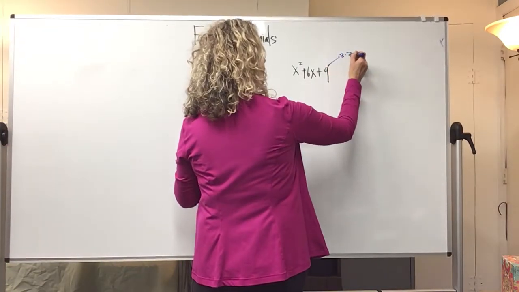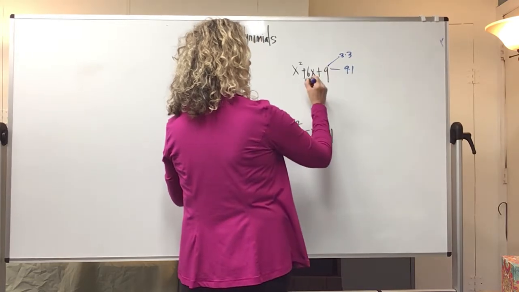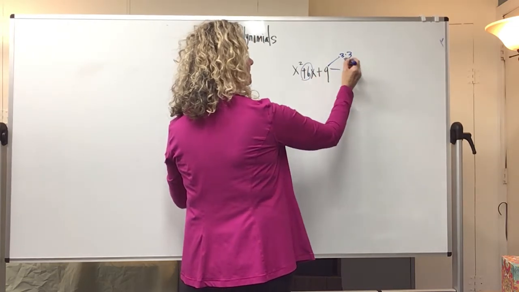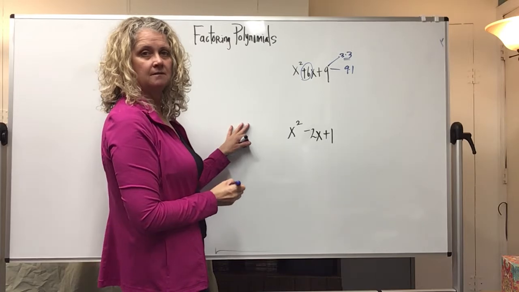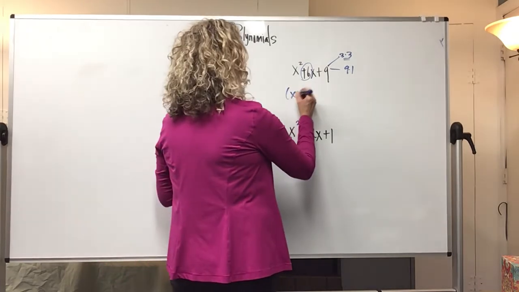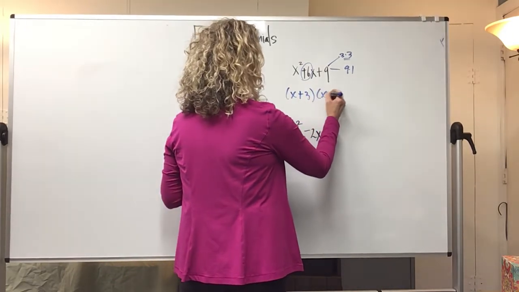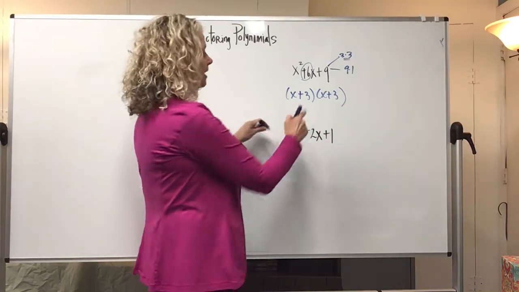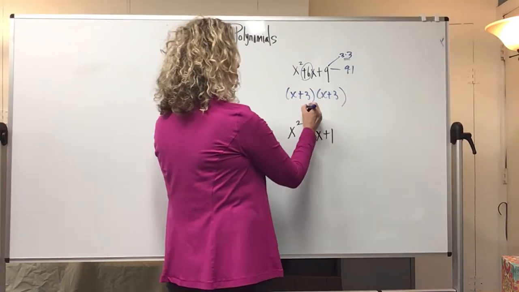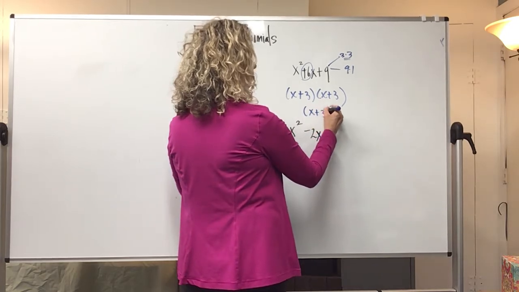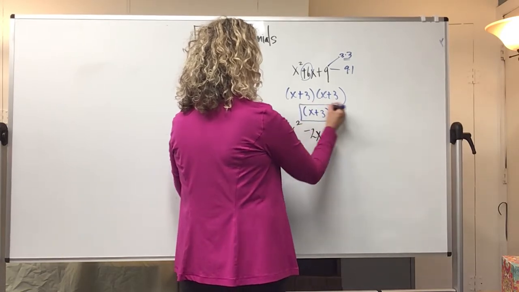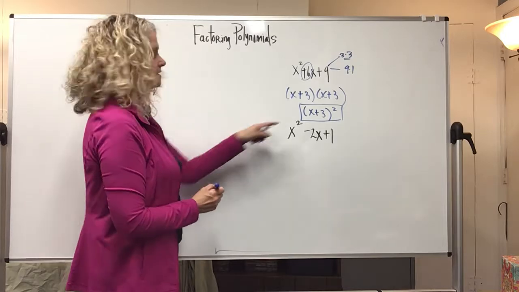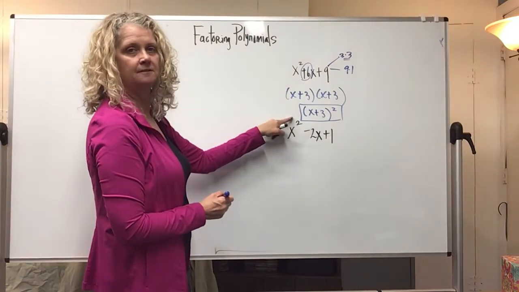Three times 3, 9 times 1, and right off the bat, to get a 6, 3 plus 3 is 6. So they all have to be positive. Now, when you have two of the same terms, it's most correct to write it this way, because that's the simplified version of that.